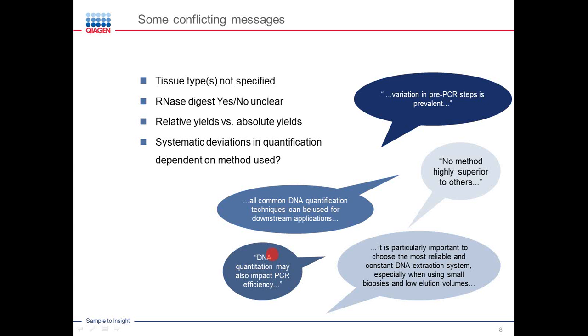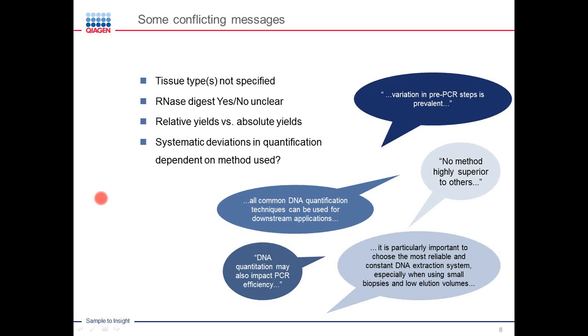Also, in some publications, it simply said DNA was purified according to the manufacturer's instructions, giving a kit and manufacturer name. But as I mentioned on the last slide, even in our QIAGEN protocols, something like an RNase digestion step is optional. So it wasn't clear whether that was performed or not.